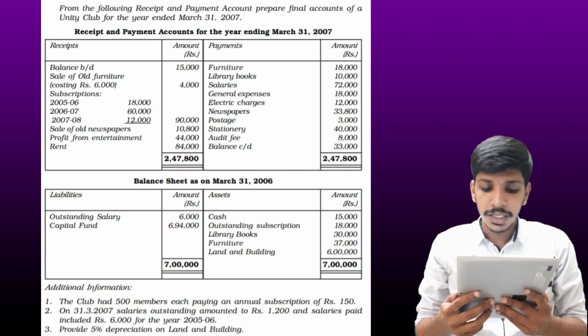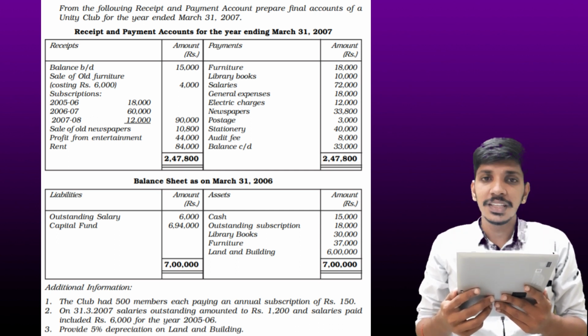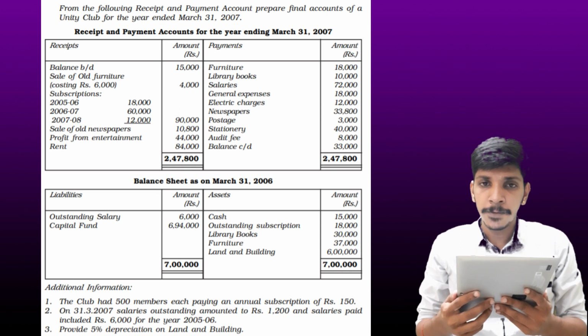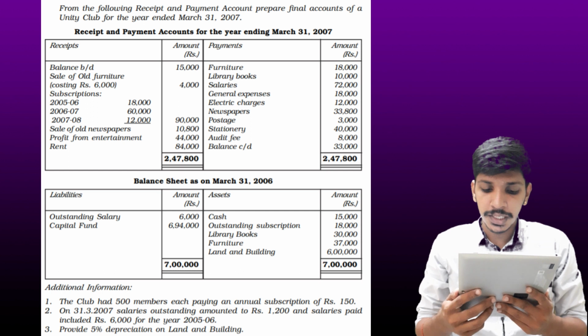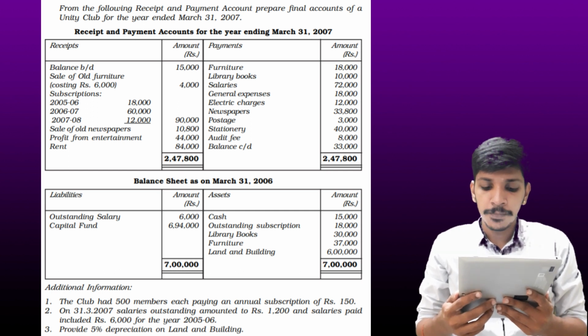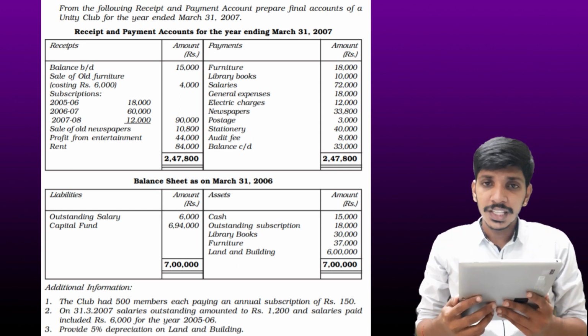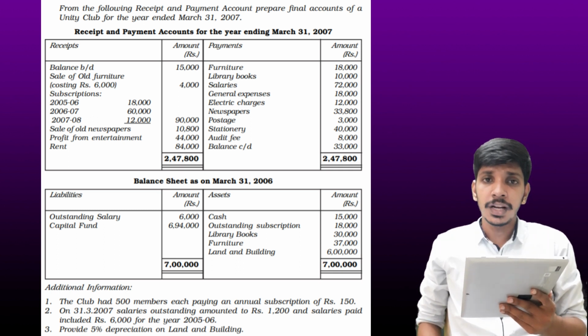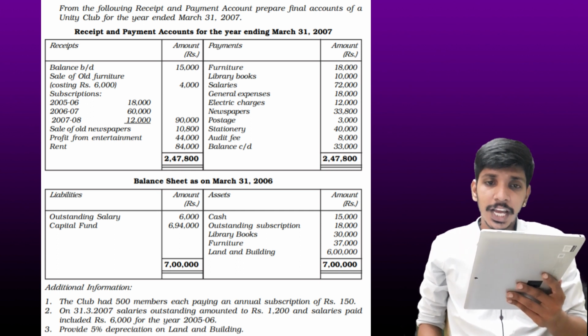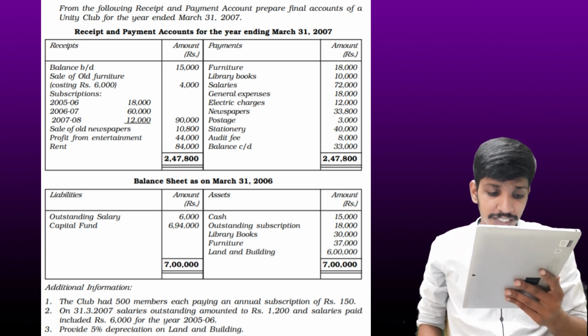Salary 72,000, general expense 18,000, electricity charge 12,000, newspaper 33,800, postage 3,000, stationery 40,000, audit fees 8,000, balance carried on 33,000. With this, the total of receipts and payment account comes to 2,47,800.